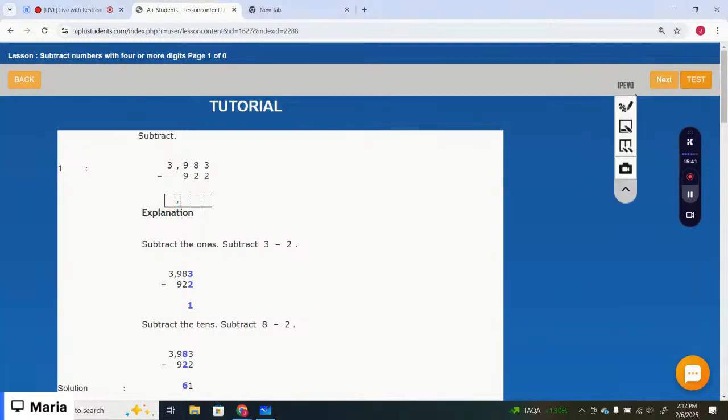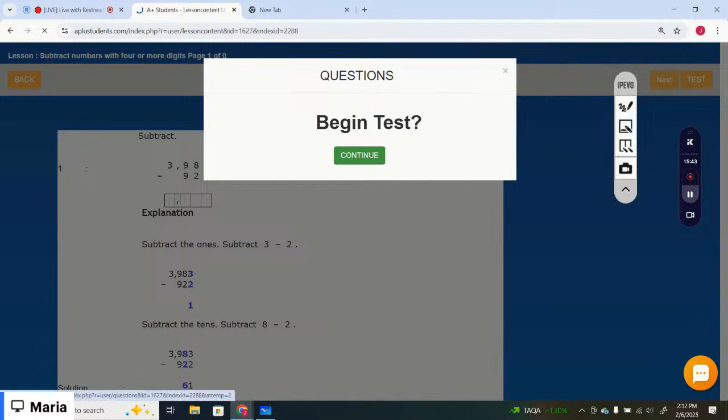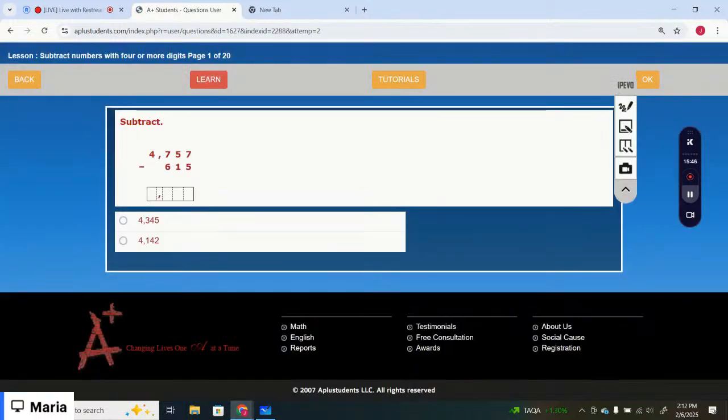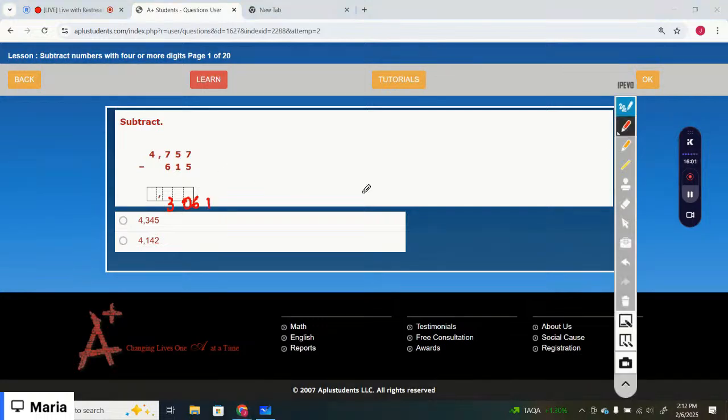So let's just start with the test questions. 4,757 minus 615. So start with the ones digit. That is 7 minus 5. That is 2. Then you have to subtract 5 take away 1. That is 4.